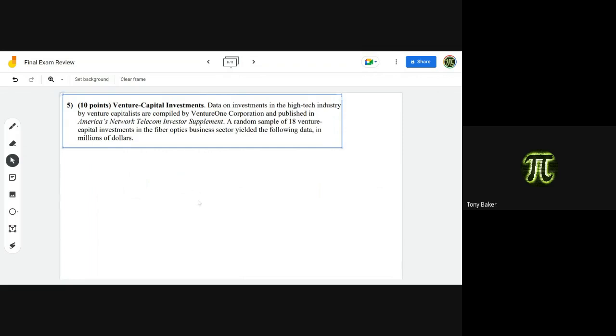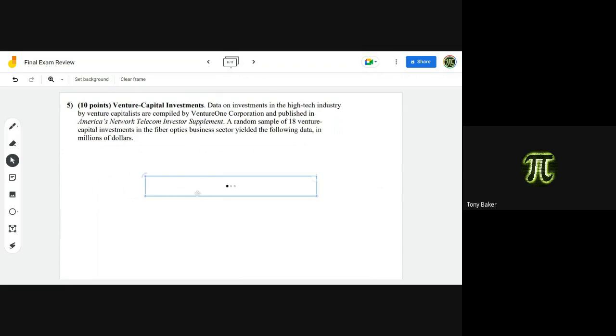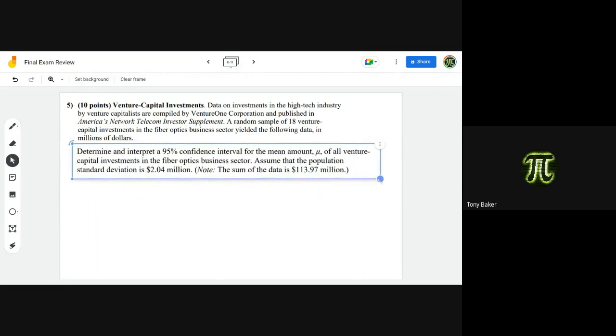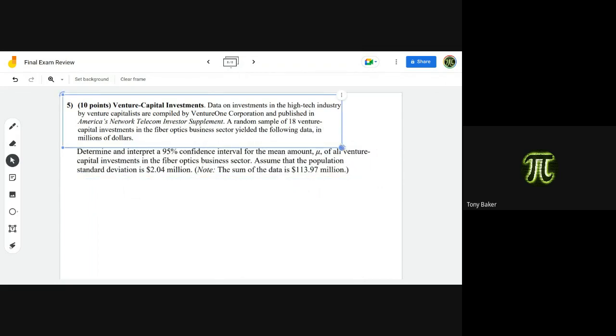So this one gives you the actual table, but you don't really need it. So I'm just going to cut it out for the actual us doing the problem.